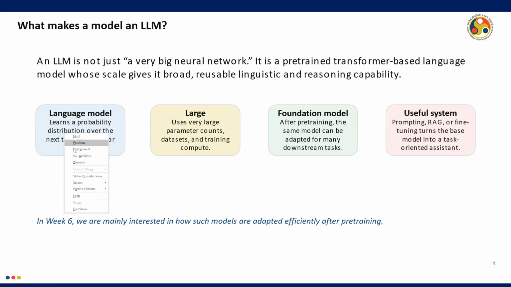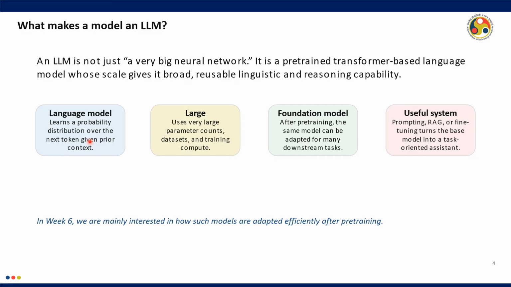As I said, the large language models are large in the sense of model size, right? And a large language model is a network which learns the probability distribution over the next token for a given prior context. Prior context in the sense that, given a sequence of words, the next word that I am going to utter has the context of all the words that I have already spoken.